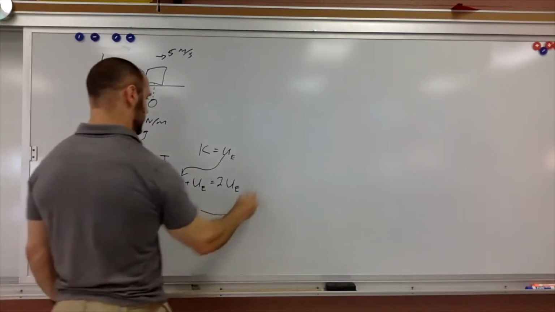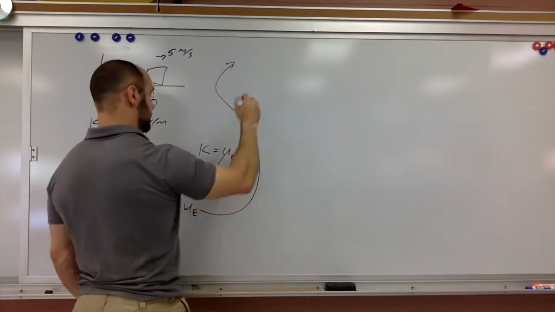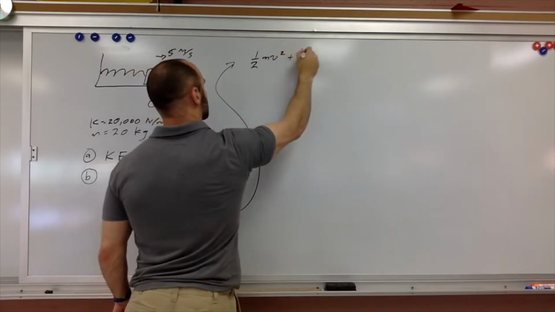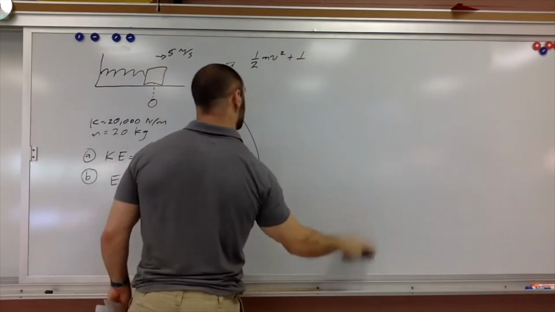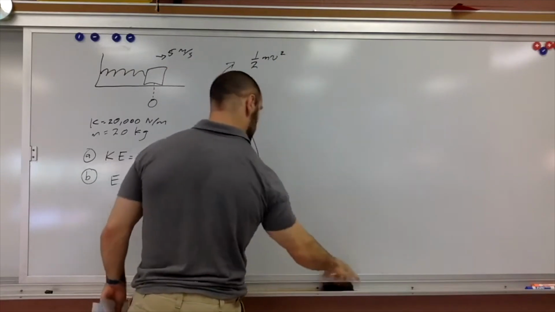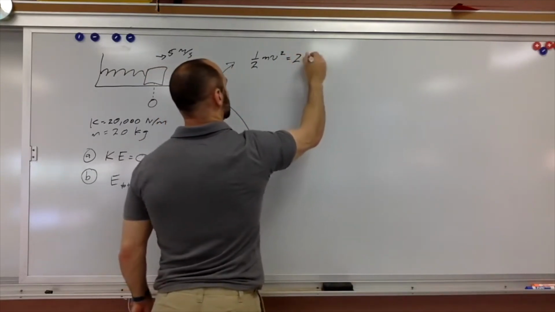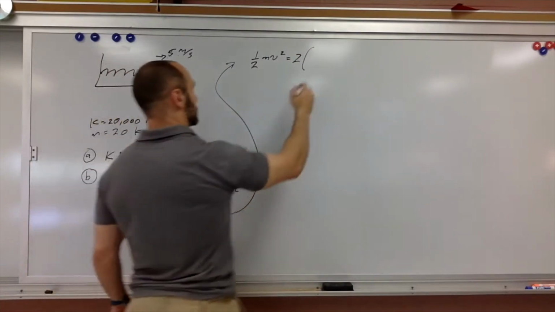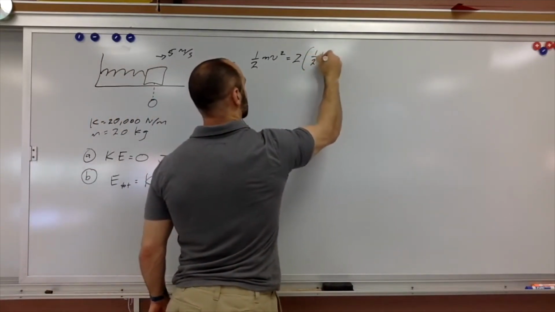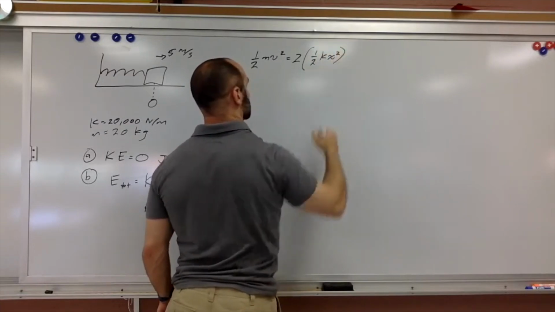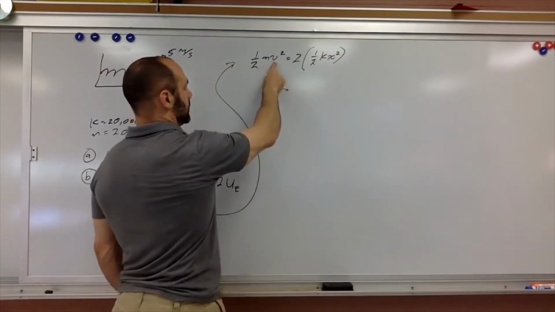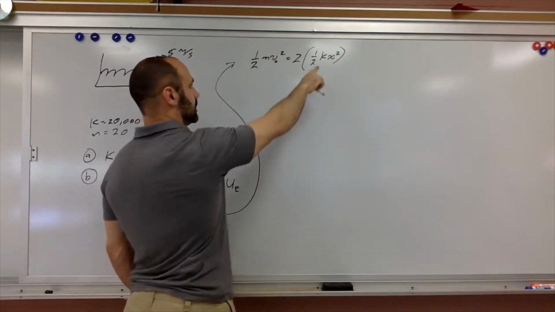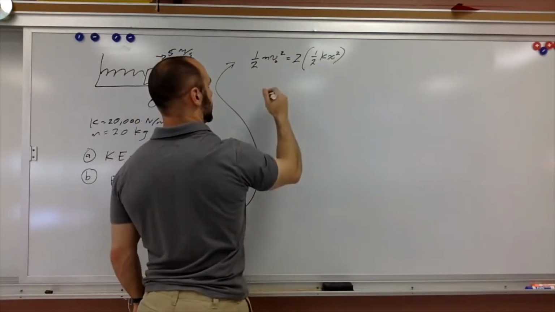And what this looks like, let me go up here, a little more space. This is 1/2 mv squared equals 2 times, and then the elastic potential energy is 1/2 kx squared. I know m, I know v at position 0, and I know what k is, so now I just have to solve for x.